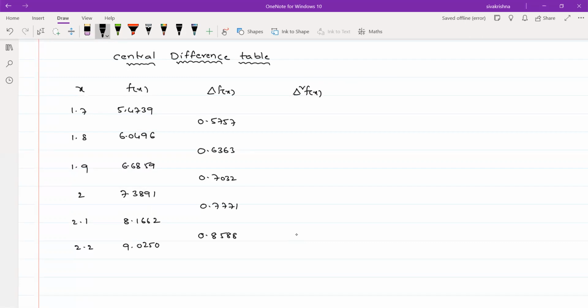Coming to the second differences, delta square f of x. I am just writing the answers, but you have to check them.